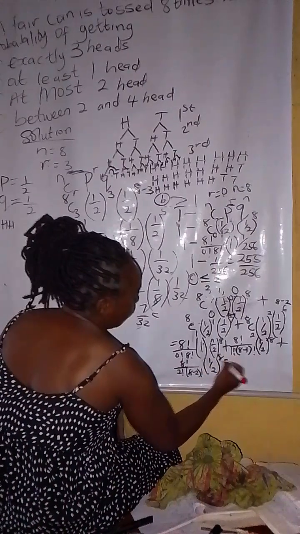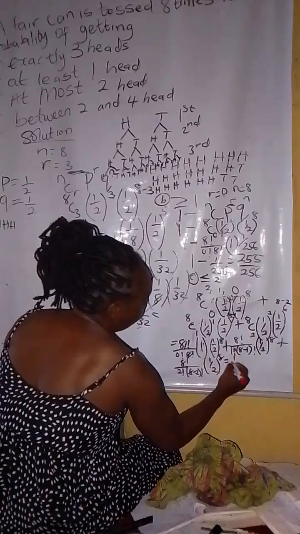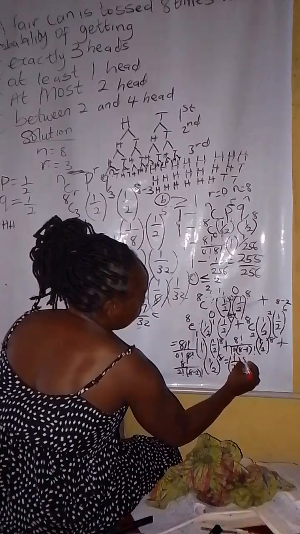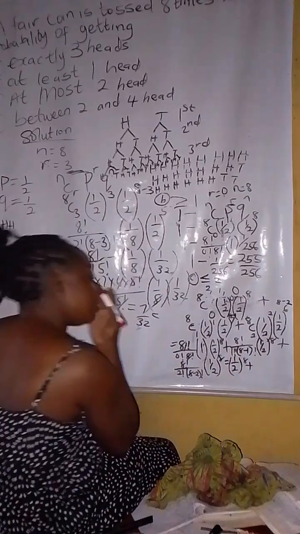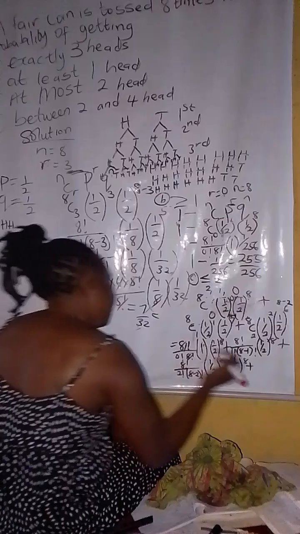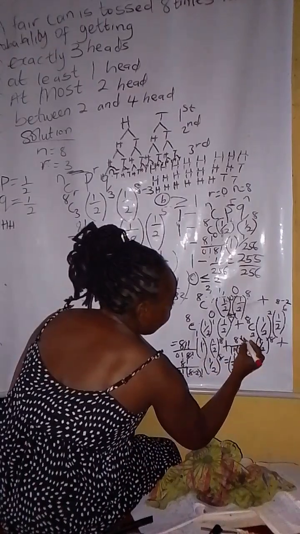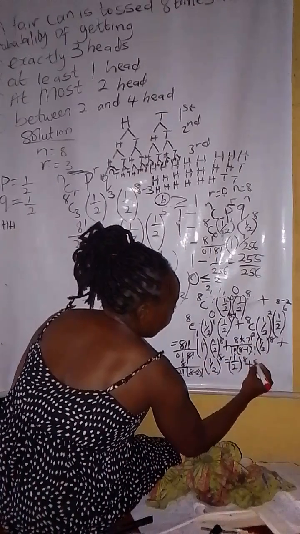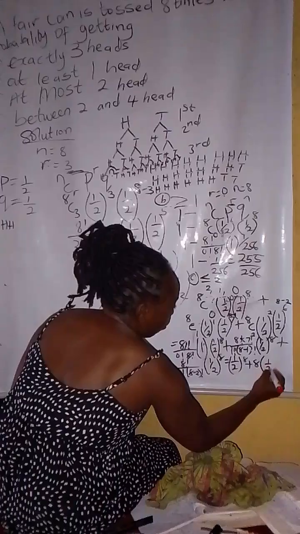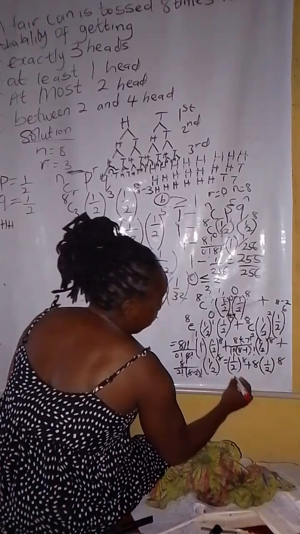So we'll still end up having 1 over 2 raised to power 8. Plus 8 minus 1, that is 7. So by the time you subtract and open the bracket times 7 factorial, you end up having 8 in the bracket, 1 over 2 to the 8.